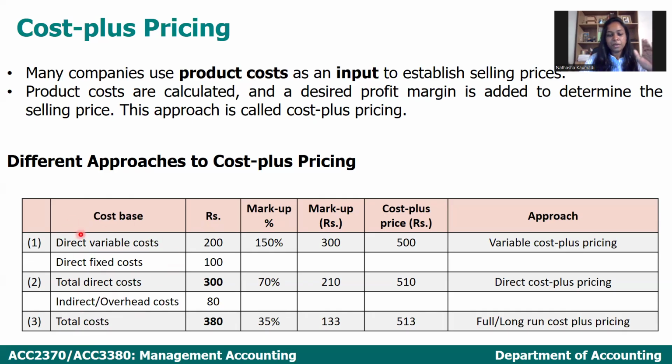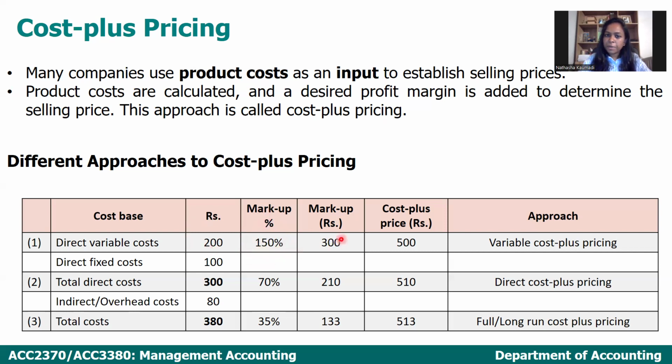Now, let's say of our product, we have one product. Direct variable cost of our product is 200 rupees. Direct variable cost, maybe direct material, direct labor, everything, 200. That is the cost. Here, we are adding 150% markup for the direct variable cost.